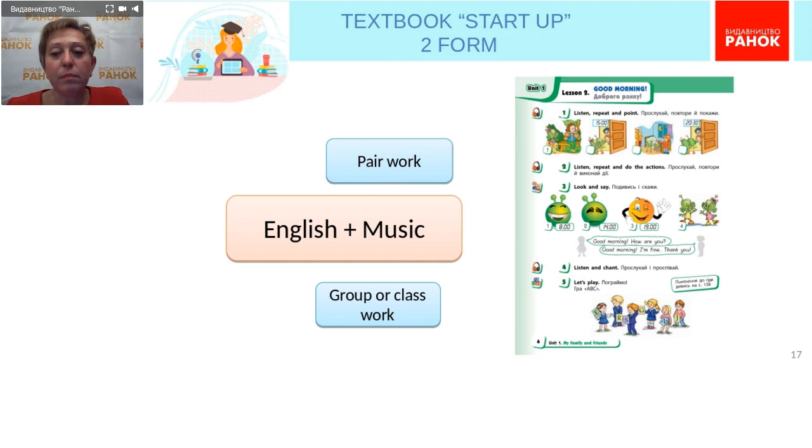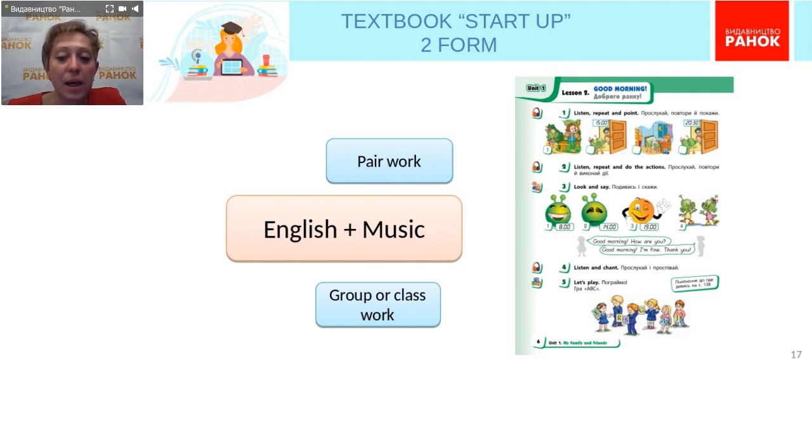Here, you can see the page of the first unit. And you can see exercises for different kinds of work. Peer work, when pupils need to ask and answer the questions. And exercise 5 is a game when pupils can play in groups or even in a class if your class is not very big.